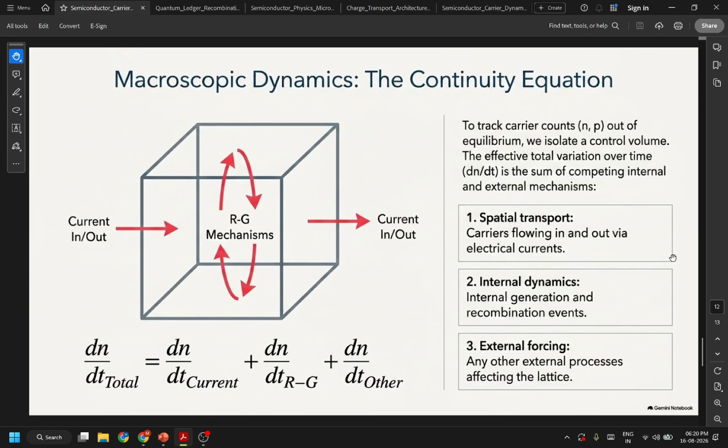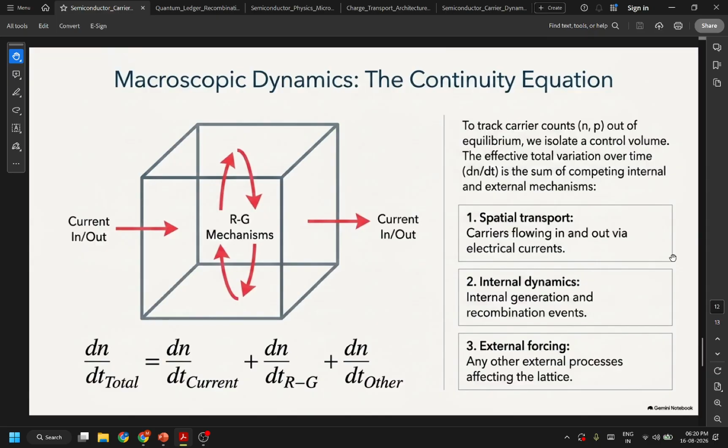So the continuity equation. To track carrier counts out of equilibrium, we isolate a control volume and calculate the effective total variation over time as the sum of competing internal and external mechanisms. There will be spatial transport, which is carriers flowing in and out via electrical currents.